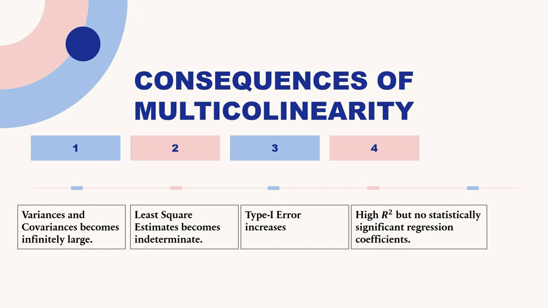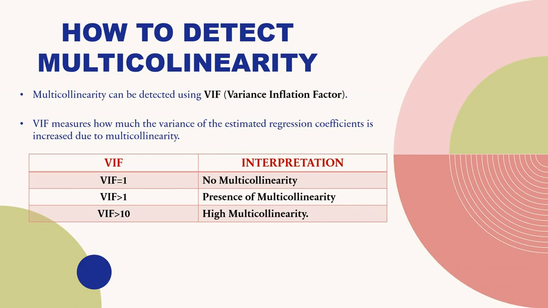Now, how to detect multicollinearity? Multicollinearity can be detected using VIF, that is Variance Inflation Factor. VIF measures how much the variance of the estimated regression coefficients is increased due to multicollinearity.